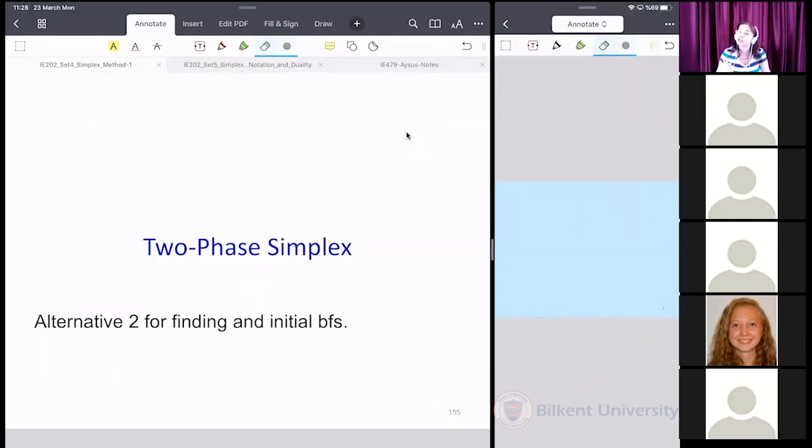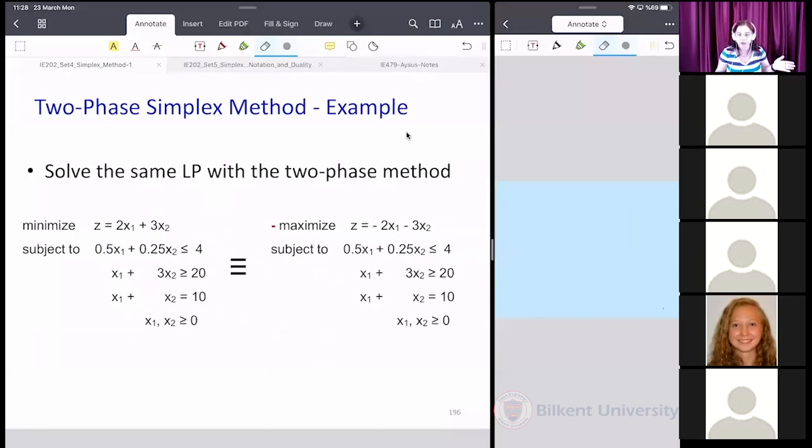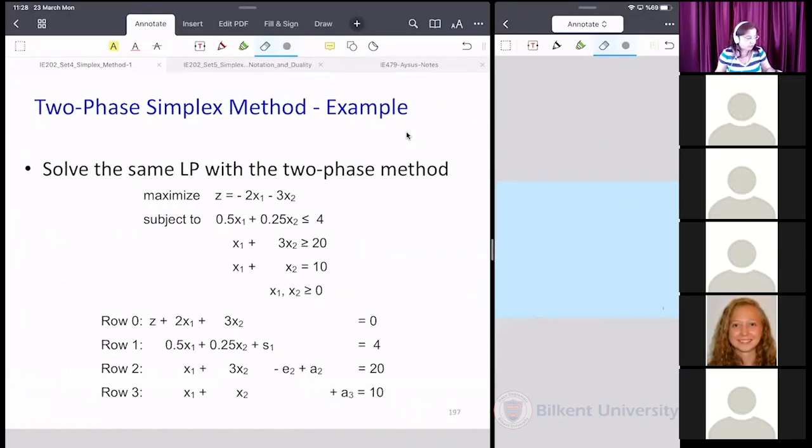This time, the motivation to kick the artificial variables out of the basis is different. So we again have the same example we solved with the big M method. I have a slack variable for the first constraint.